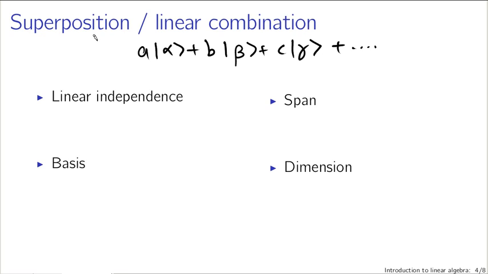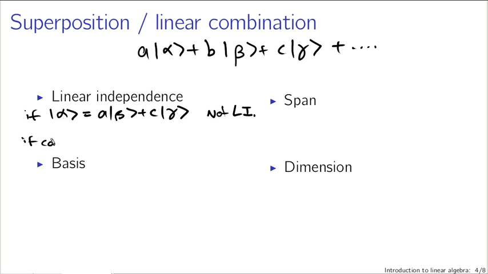This brings to mind a couple of useful concepts. First of all, linear independence. If I can write alpha is equal to, say, A times some vector beta plus C times some vector gamma, then you say this set, alpha, beta, and gamma, is not linearly independent.